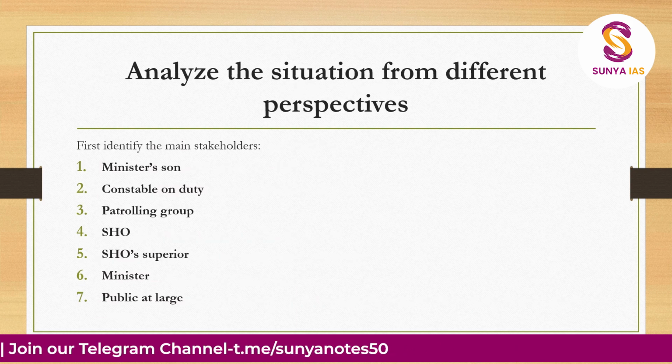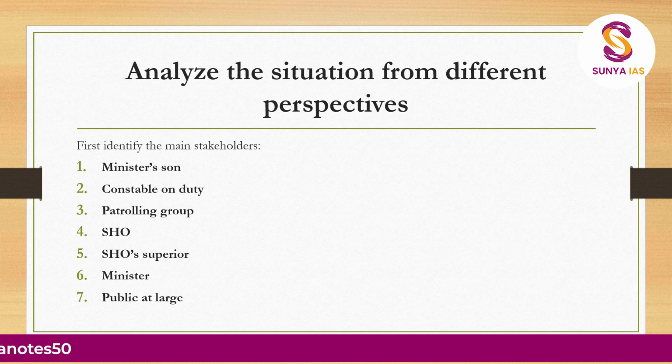Okay, so the first question is: analyze the situation from different perspectives. Now, for this, you have to first identify who are the main stakeholders. So many people are involved, right? There's the minister's son, the constable on duty, the patrolling group, the SHO, the superior, the minister, and the public at large, right?